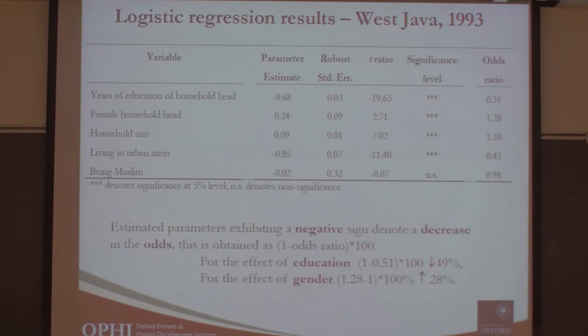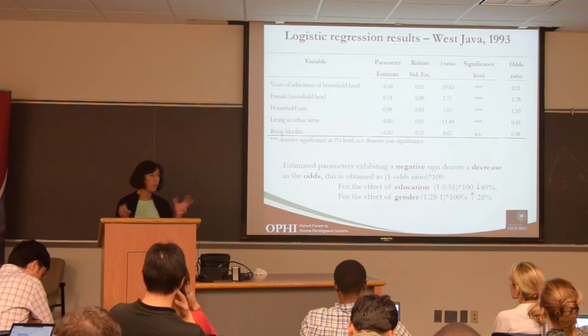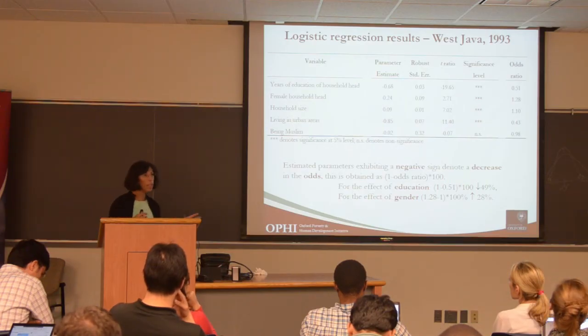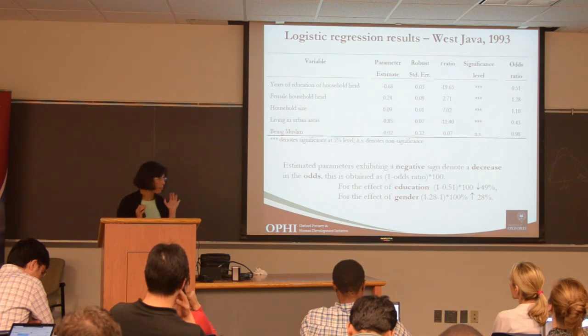Living in urban areas, okay. And then being Muslim. So religion aspects we didn't include in the measure, so we were okay. And here years of education of household head, where our indicator was, as you have already learned, if there is a non-adult member illiterate. Okay, so which is not the same as years of education, but there is a problem there.